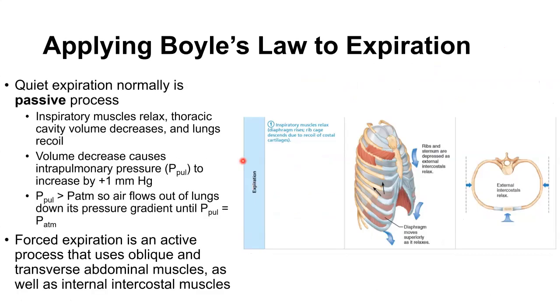In terms of expiration, or exhalation, it's a little bit different, because exhalation is normally a passive process. It doesn't require energy, in the sense that it's simply the relaxation of the diaphragm and of the external intercostal muscles.